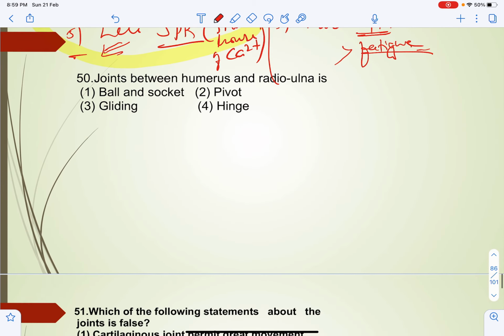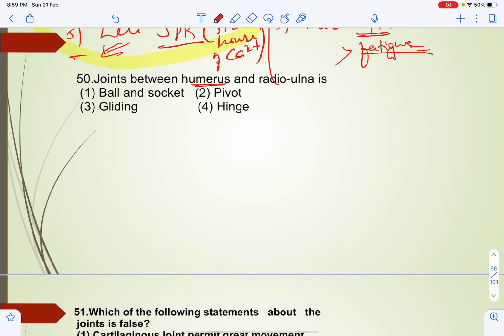So next question, joints between humerus and radio ulna. We know that generally a hinge joint directs the movement in one plane.